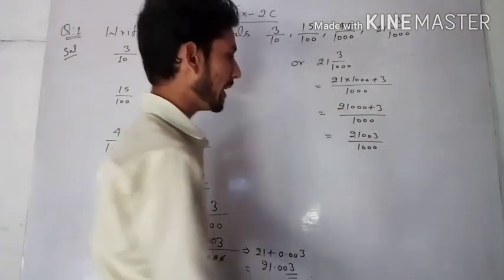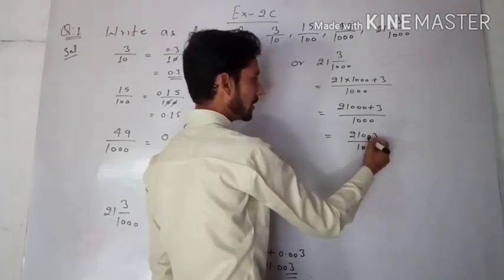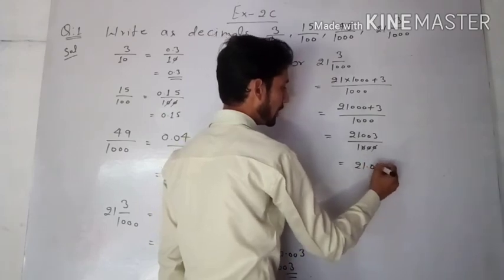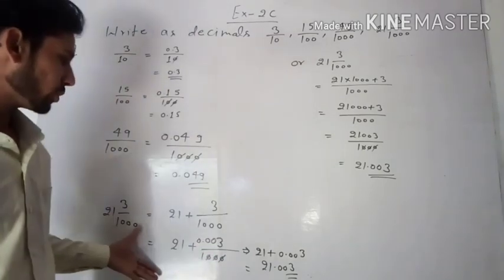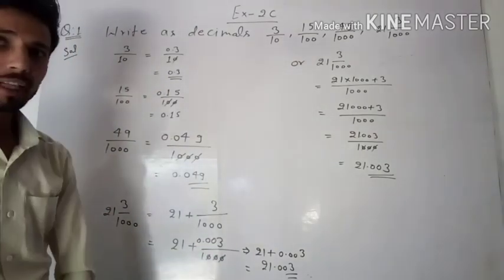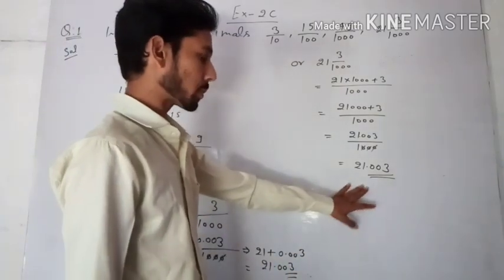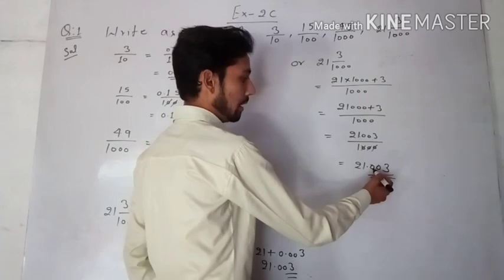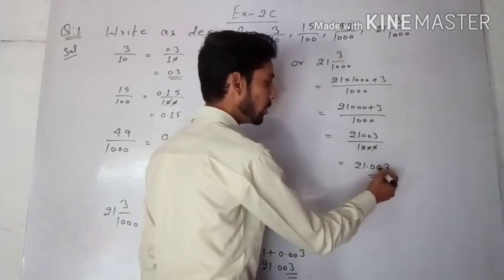So count three places from the right and put the decimal. So 21.003 is your answer. There are two methods, so you can use any method. After the decimal, we will count digit by digit. 21.003.